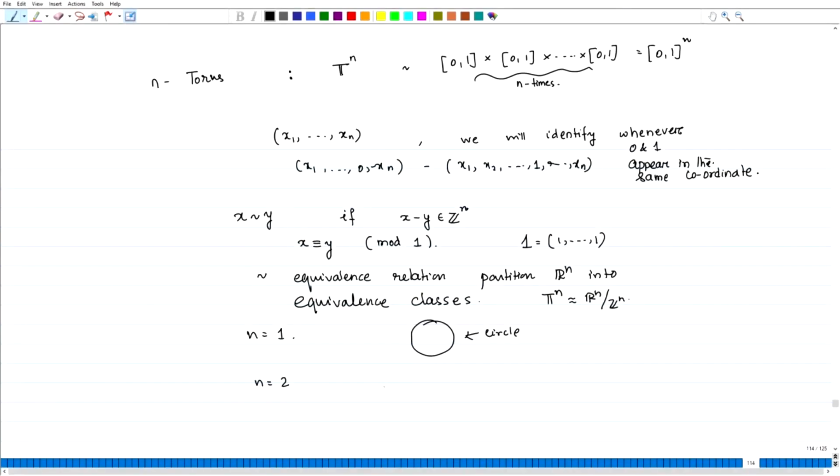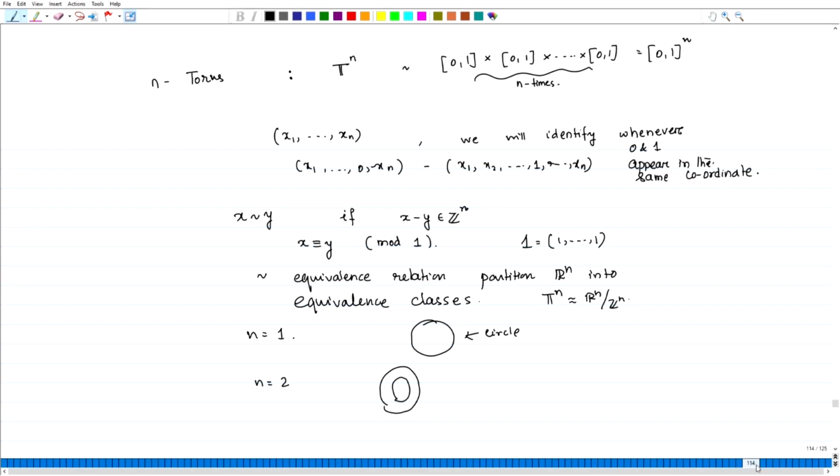Now the top and bottom edges are joined, and you get a ring or a vada. This is the torus that we get.